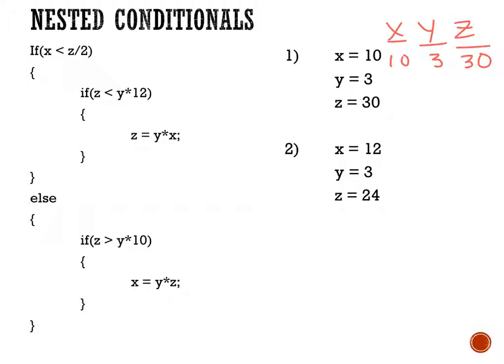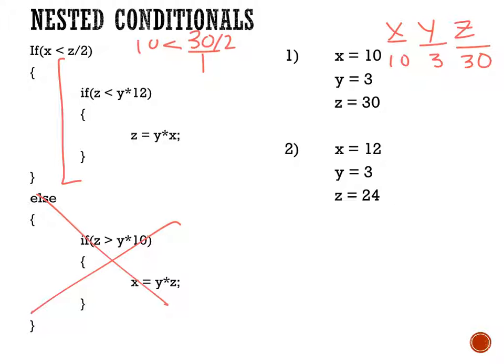All right, so now if I come over here, x is less than z divided by 2. So if I actually take x, that is 10 is less than 30 divided by 2. That is true. So what happens is I don't run any of this else code. I instead know I'm going to focus on all of the code inside of the if. And then I go to the next chunk over and I say, okay, z is less than y times 12.